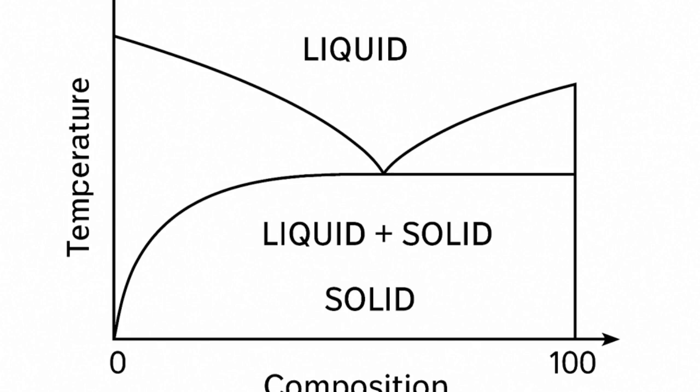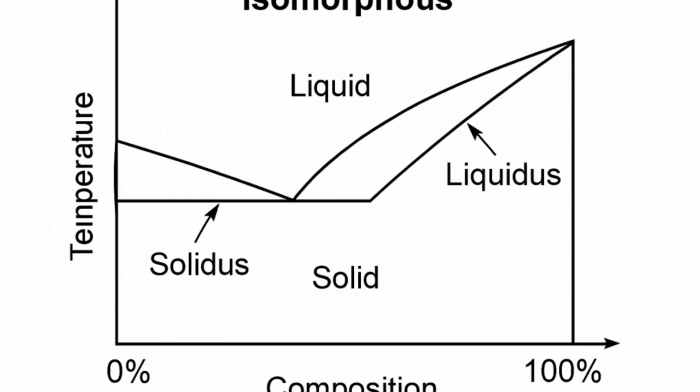Isomorphous reactions. Let's begin with isomorphous systems. In an isomorphous phase diagram, the two components are completely soluble in each other, in both the liquid and solid states. This means they form a single, continuous solid solution across all compositions. As a liquid alloy in an isomorphous system cools, it solidifies over a range of temperatures, with the composition of both the liquid and solid phases changing continuously until complete solidification.